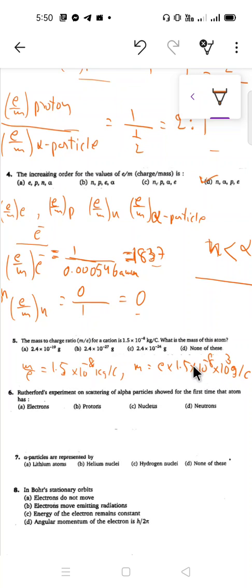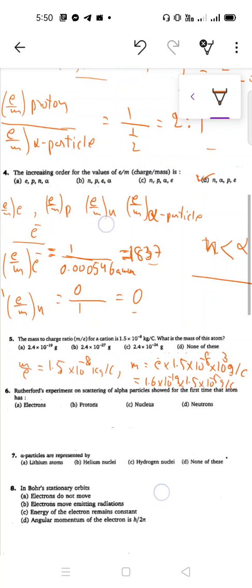The charge of an electron is 1.6 into 10 to the power of minus 19. We know from the previous classes, 10 to the power of minus 5 gram per coulomb.